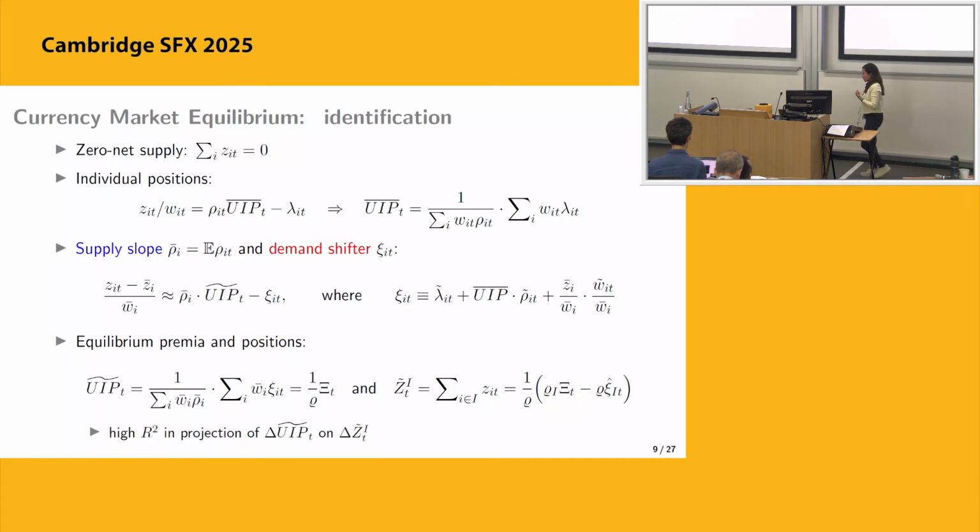And so if we can find an agent I and a proxy for its currency risk exposure, and then project the UIP on this exposure, if we get a high R square and a positive slope, it will mean that this agent has a positive slope, a stable slope, and relatively little demand shocks. And that would be what we call the currency supplier, because it has both demand and supply, but overall, the supply curve is stable.